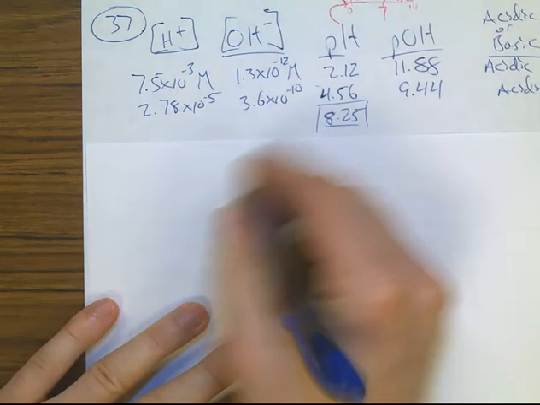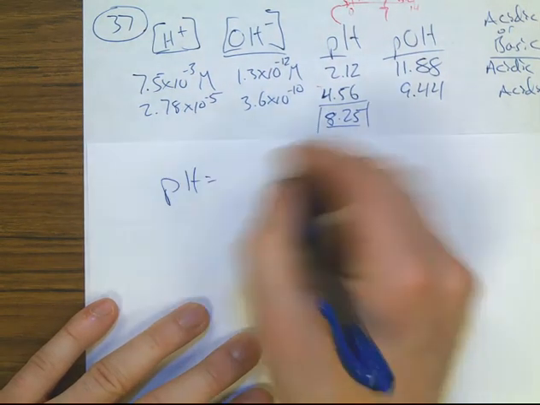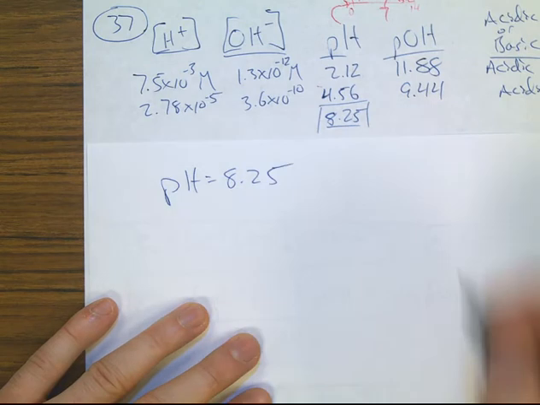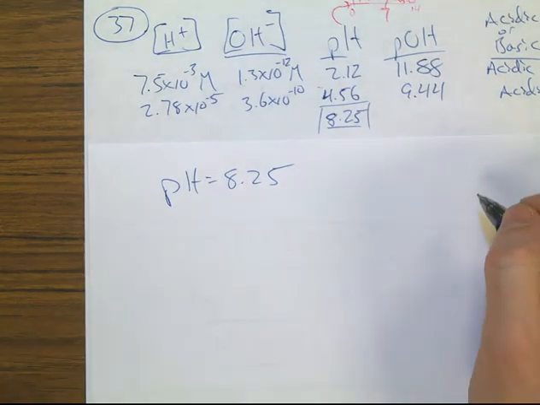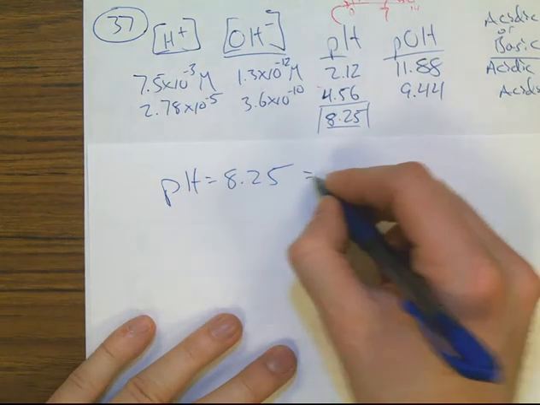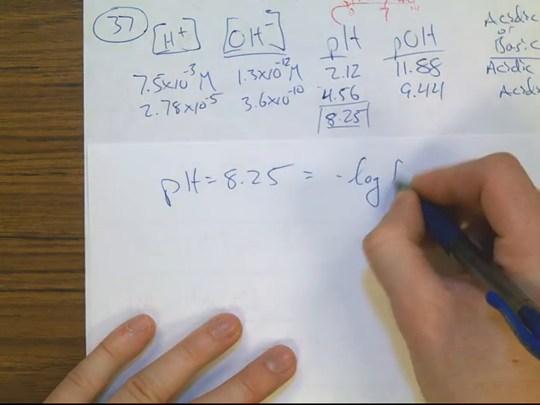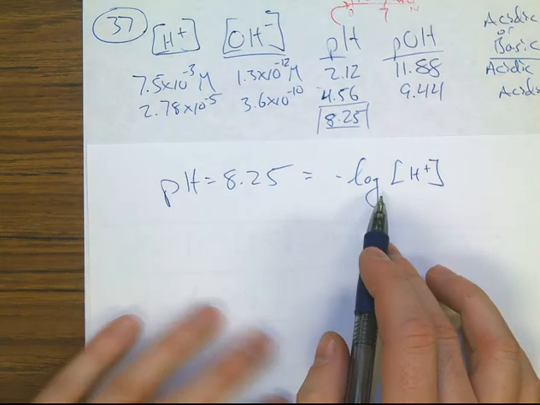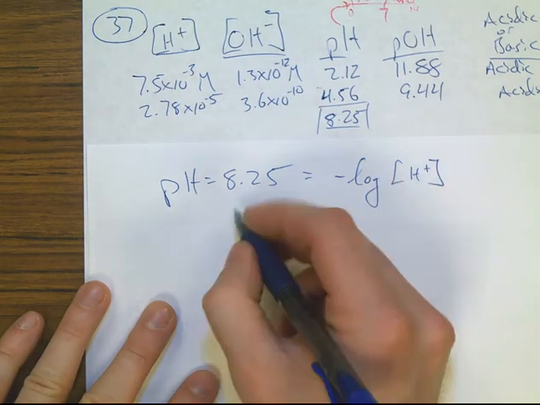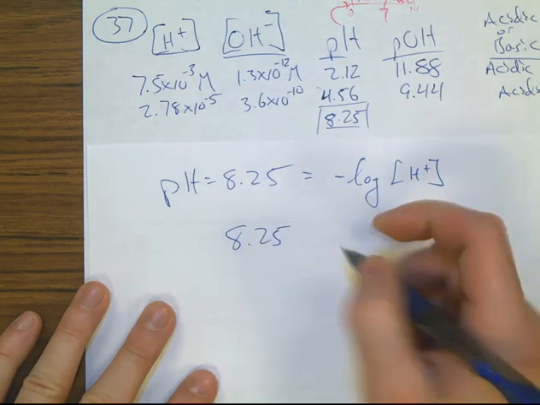We know that our pH is equal to 8.25. And what I want to figure out is the hydrogen ion concentration, the hydroxide ion concentration, and so forth. So I know that pH is equal to the negative log of the hydrogen ion concentration. So what I'm going to do is write this out one more time, this time without writing out the symbol pH.